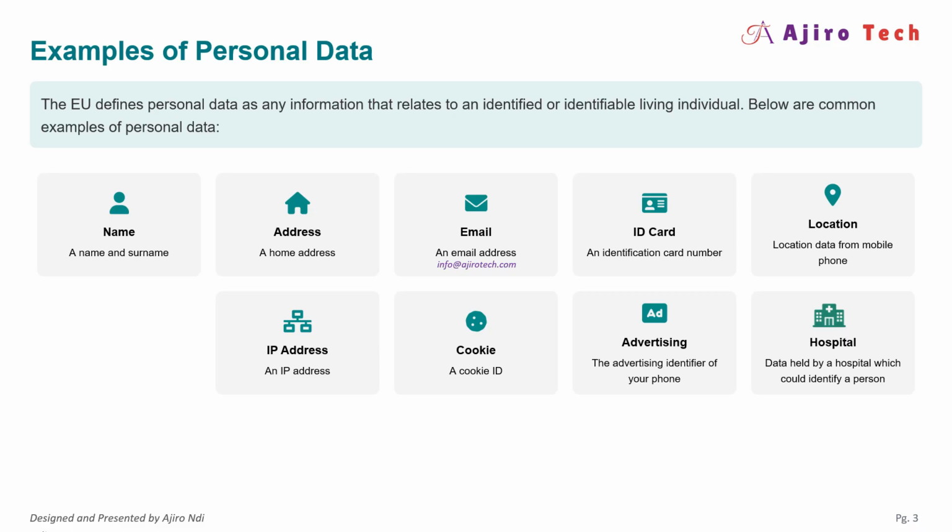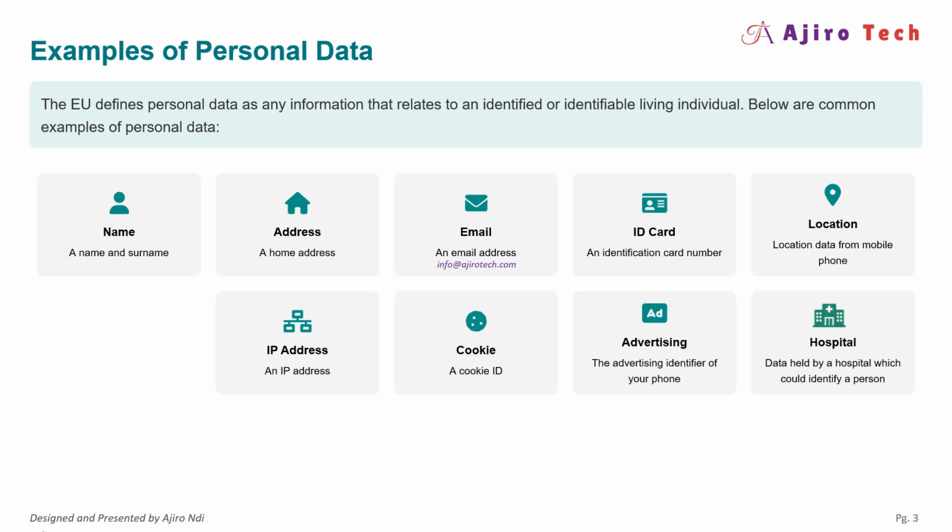But there are some that have names, for example, I do have my own as Ajiro ND at ajirotech.com. Some could be first name dot surname at the organization's domain name dot whatever.